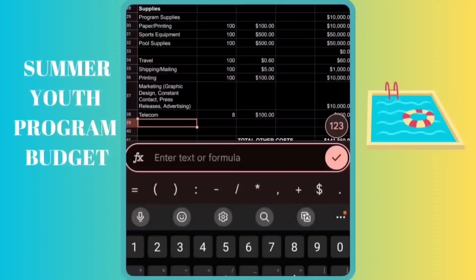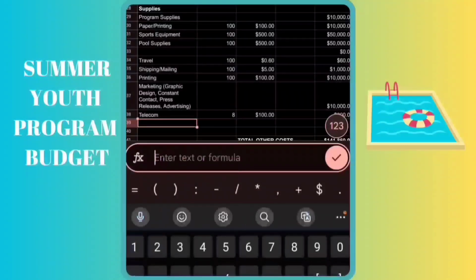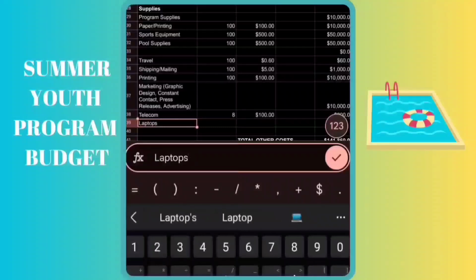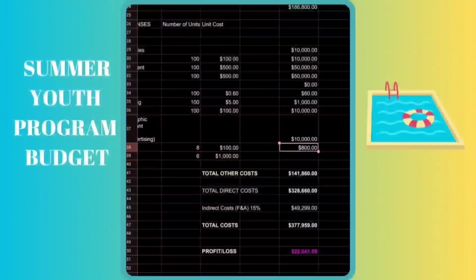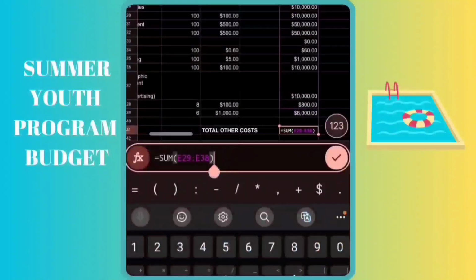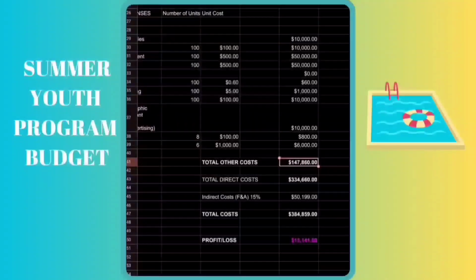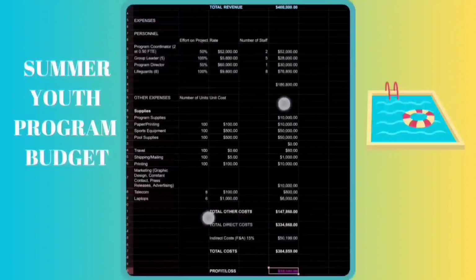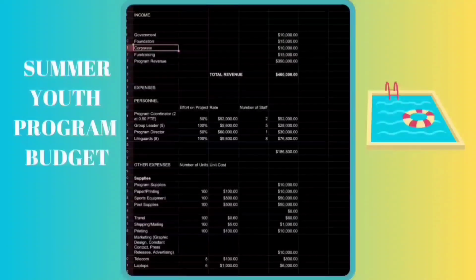We're thinking about what are different required costs for a program. There might be some technology involved. Buying computers, buying laptops. Make sure all of our numbers are within the formula. So we're looking at $15,000 now of a surplus.